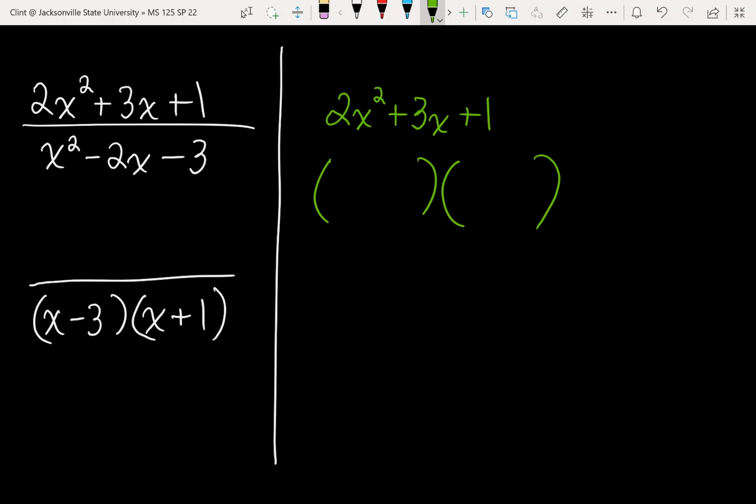I know my first coefficients have to be factors of 2, my last coefficients have to be factors of 1, and I have to pick them correctly so I get positive 3 in the middle. This one's not too bad to do that way because the only choices for factors of 2 are 1 and 2. If you have bigger numbers, more factors, then it might take you several guesses and then doing FOIL to check it.